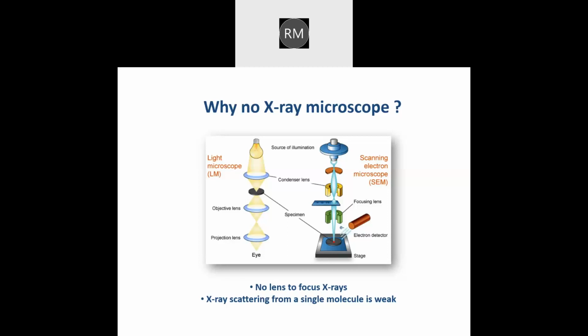Even if you keep a molecule inside some kind of microscope, the X-rays will scatter very little and you cannot really create an image out of that. So that's why the X-ray microscope is not present. Either you have a visible light microscope or an electron microscope, but the X-ray microscope is not there.